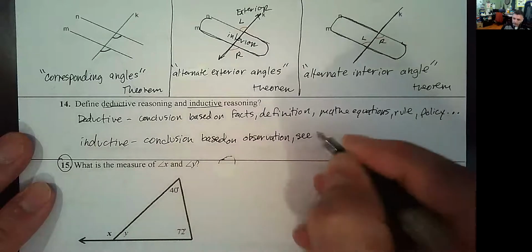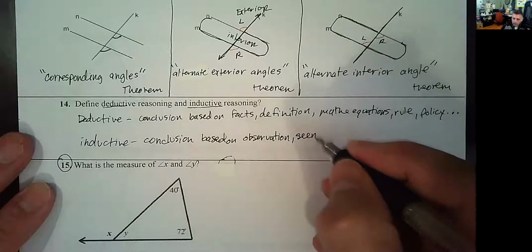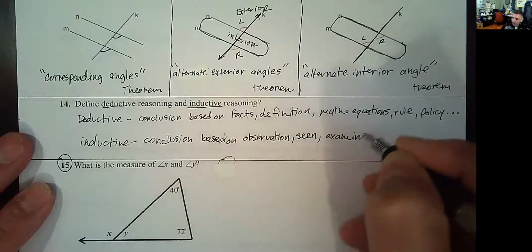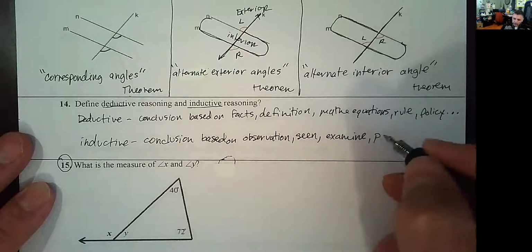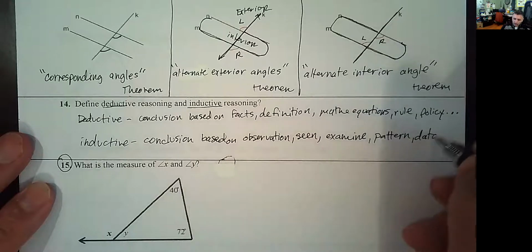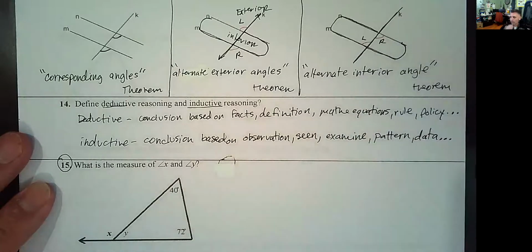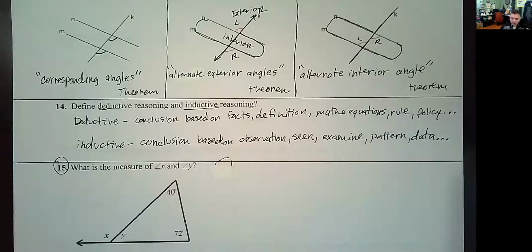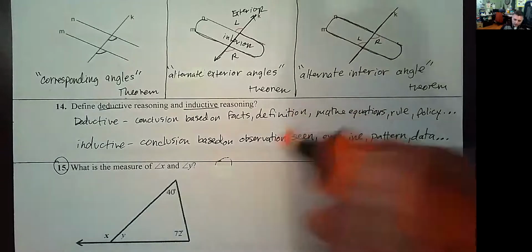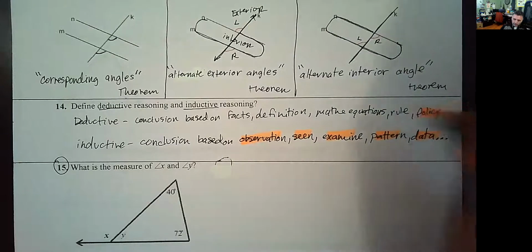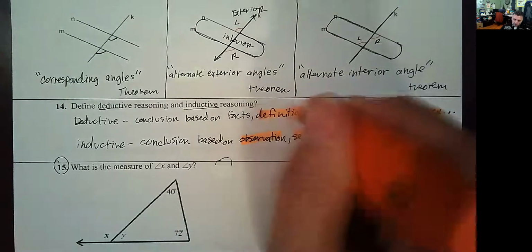If you saw something or if you've examined something, like a pattern, some data, anything like that. Okay. And then these are pretty much the key terms that you may see inside the statement.